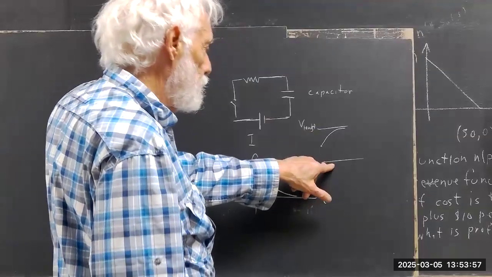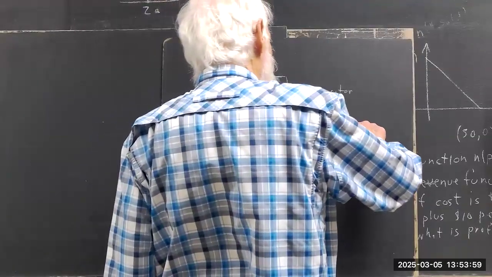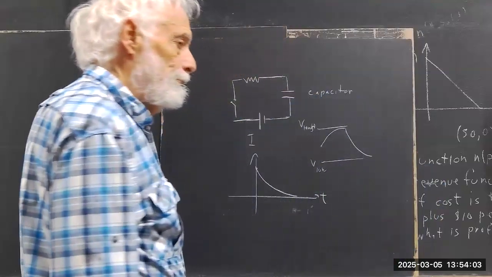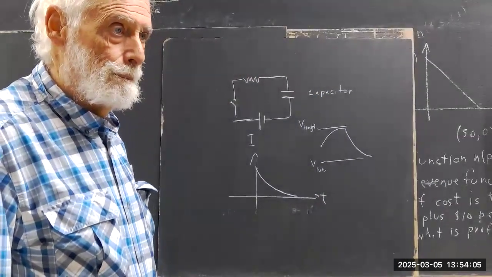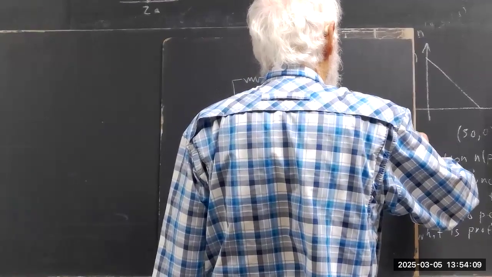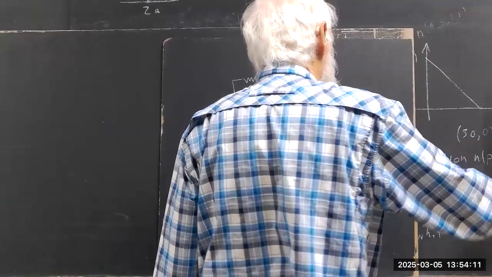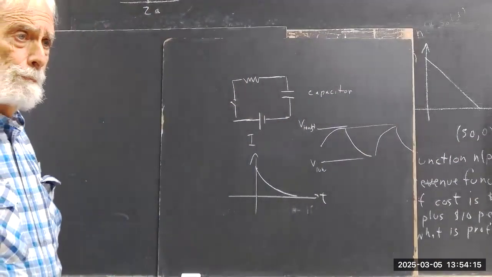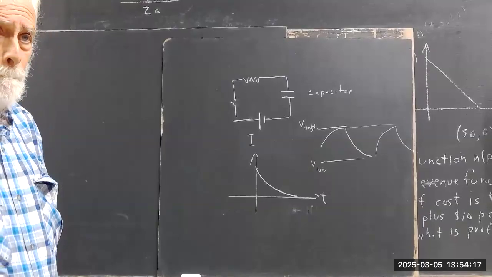Then you switch the voltage of your source down here, and the capacitor is going to exponentially approach this voltage. Okay? Then you switch again, it's going to exponentially approach this one. Switch again, it's going to exponentially approach this one. That may have to make sense. Okay.